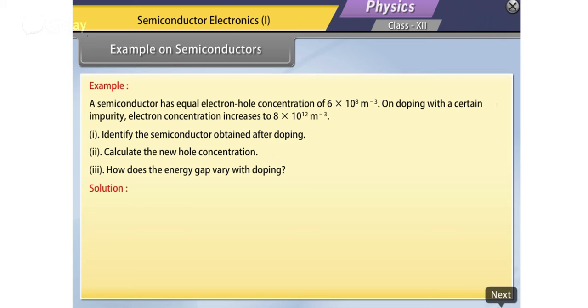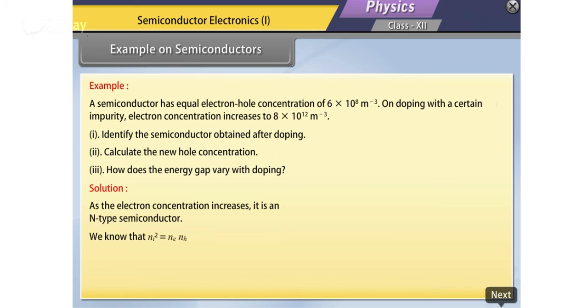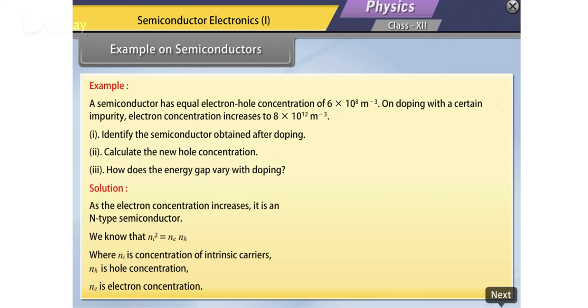Let's see the solution. As the electron concentration increases, it is an n-type semiconductor. We know that Ni² is equal to the product of Ne and Nh, where Ni is the concentration of intrinsic carriers, Nh is the hole concentration, and Ne is the electron concentration.